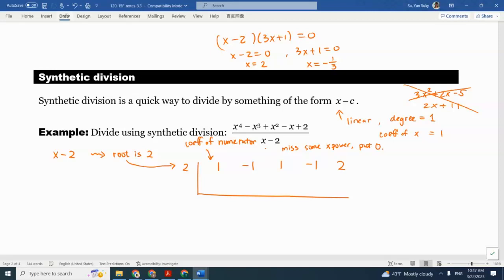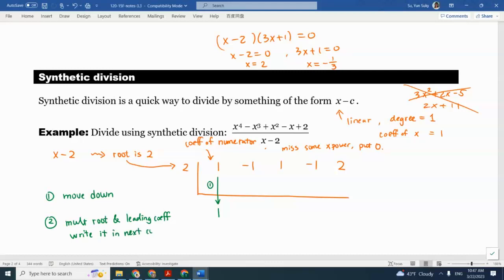Okay, now we start the process. Step 1, you bring the number down. So this number 1, move down. Okay, move down. And then step 2, multiply the root and the leading coefficient and write it in the next column.